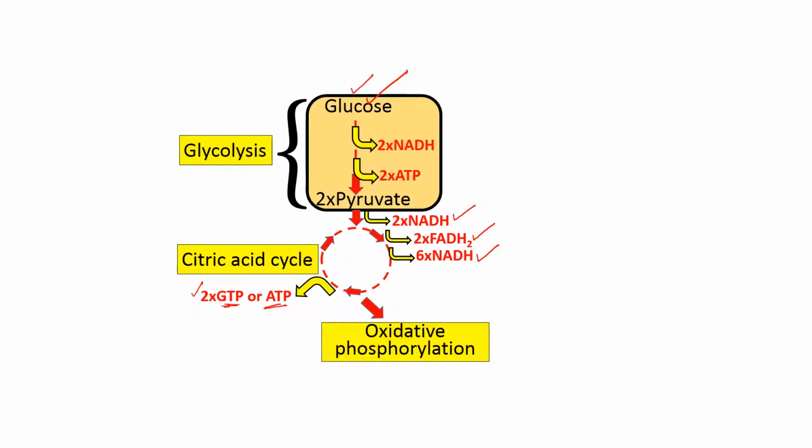Now the last part of central metabolism is called oxidative phosphorylation, which we have here on the bottom. This last step requires the input of NADH and FADH2 synthesized earlier. In other words, this NADH, this NADH, this FADH2, and this NADH, all of those enter into oxidative phosphorylation, donating electrons.